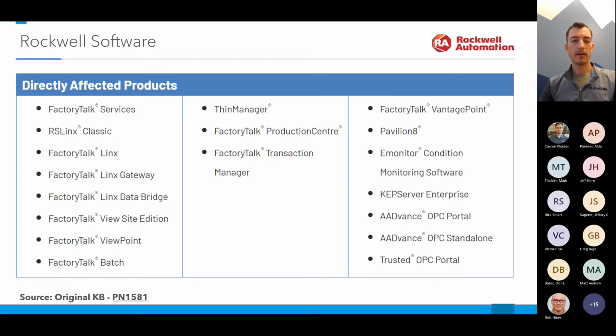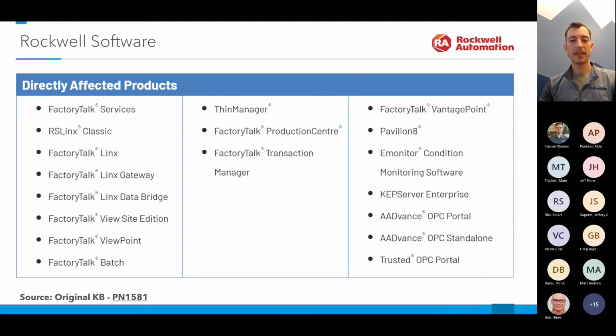How these software products are affected is highly dependent on the settings and your architecture. So again, if it's distributed, then there's a risk there. And then depending on the settings, what's required of those products when they are talking to each other, is it using DCOM or not?